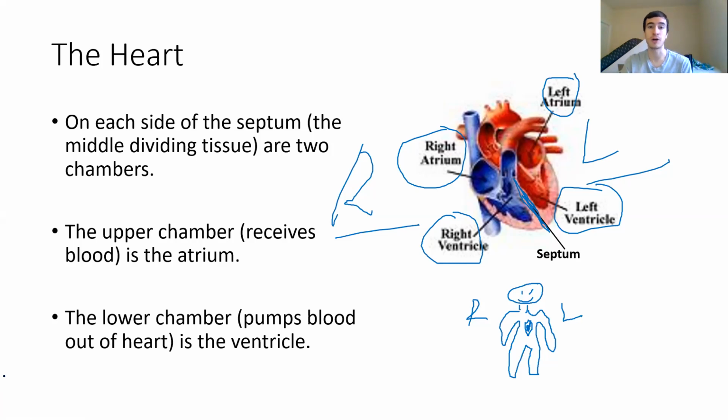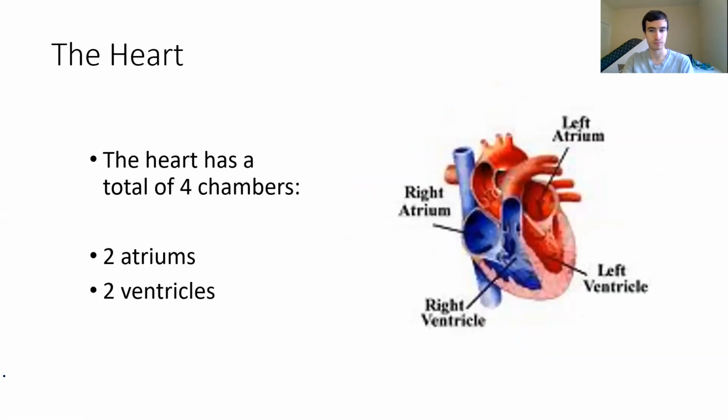So one heart, four chambers, two atria up at the top, two ventricles down at the bottom. The right side of the heart has an atrium and a ventricle, and the left side of the heart has an atrium and a ventricle. So two atria, two ventricles, four chambers in total.